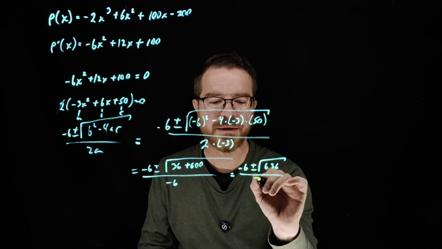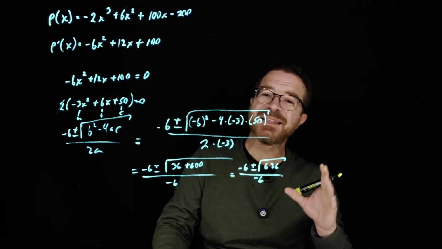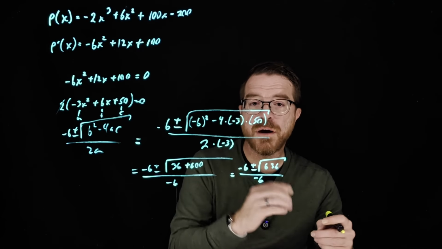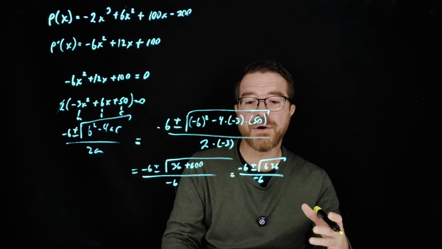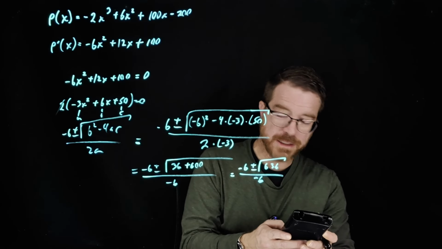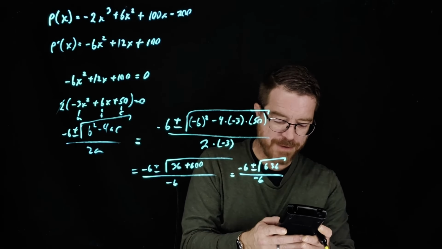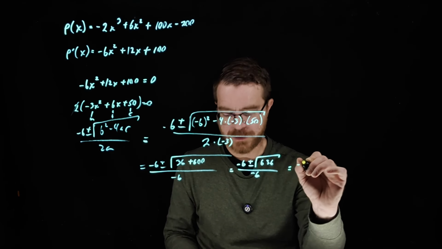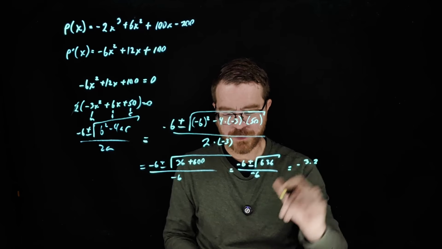divided by negative 6. Now, notice that this did say to round our value to one decimal. So let's figure out what two critical values we get from this. In this case, I have negative 6 plus the square root of 636 divided by negative 6, and this is going to give me negative 3.2.